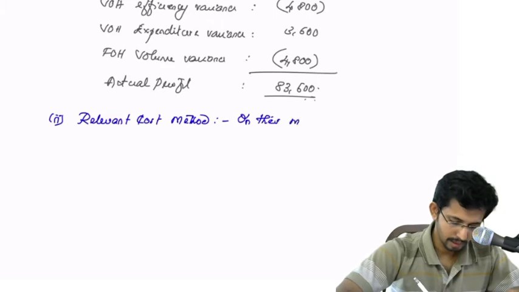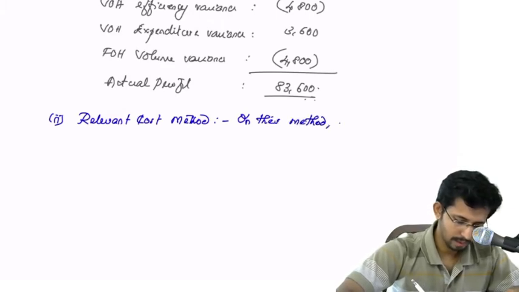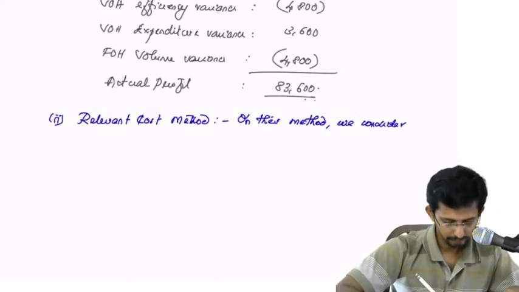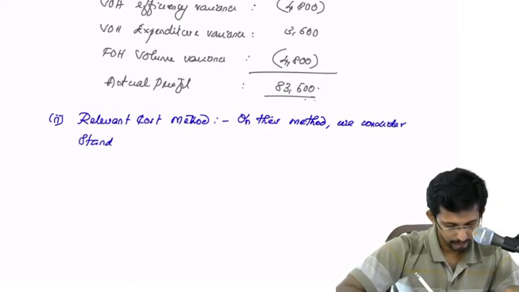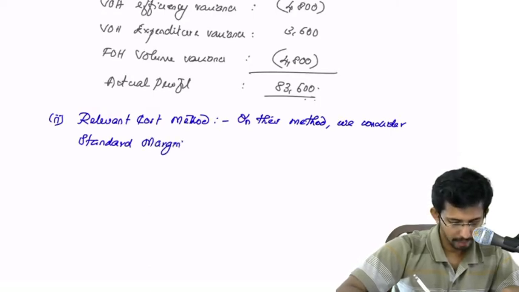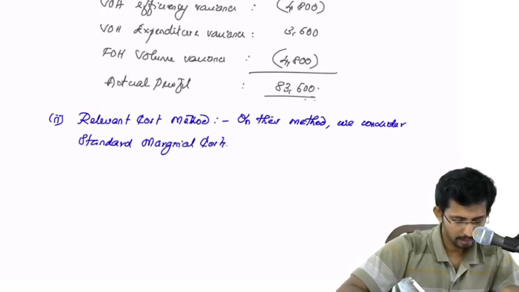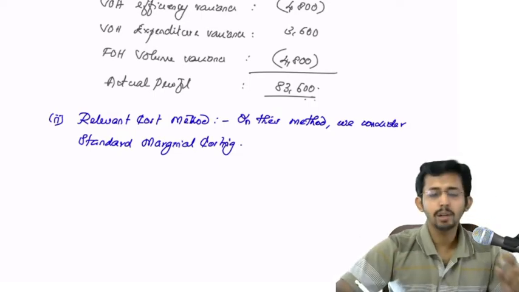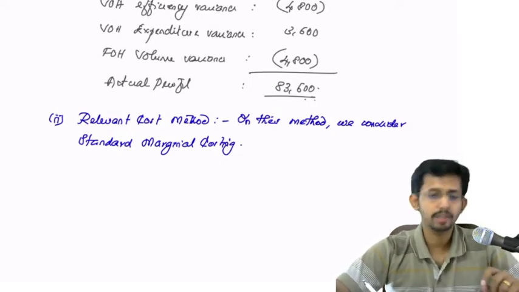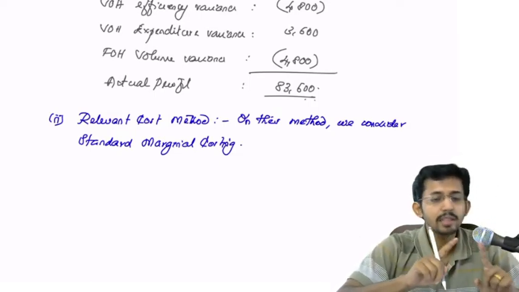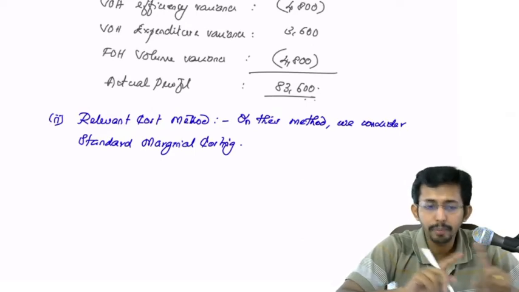In this method we consider standard marginal costing. What is the peculiarity of standard marginal costing? Fixed overhead volume variance will not be there.